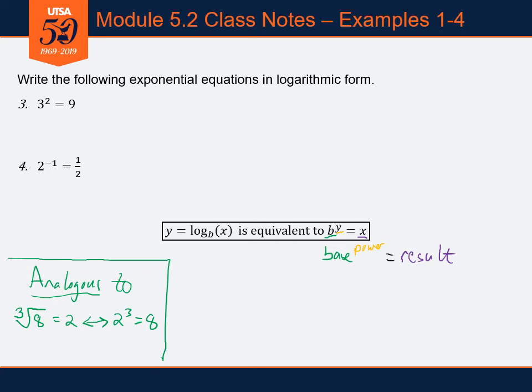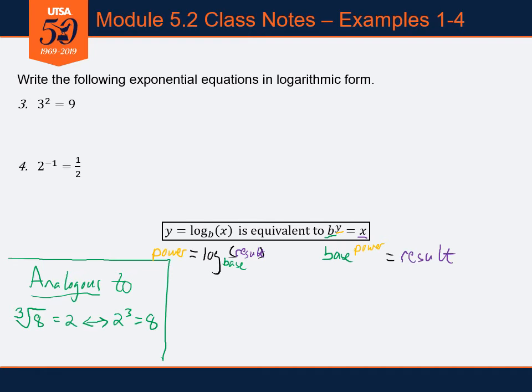You've got log, let me write it out in the same colors here. I've got a power, the power y, equals log base b, so the subscript on the logarithm is my base, and then in the parentheses here I have my result x.